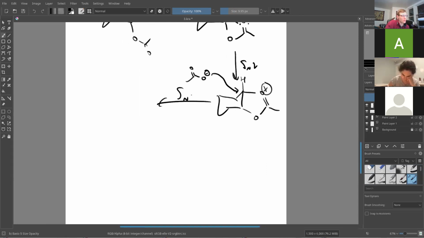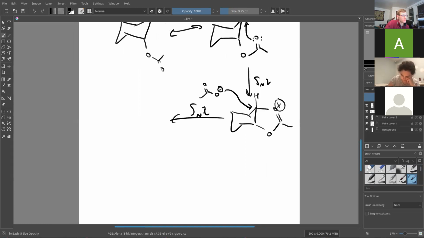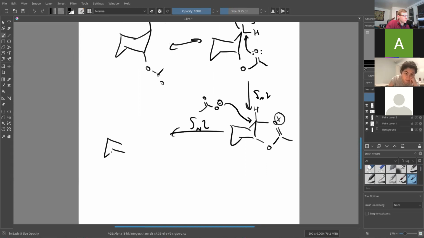Okay. So now through SN2, I guess I'll draw the whole ring out again. We can do this. There's a hydrogen down here. Okay.